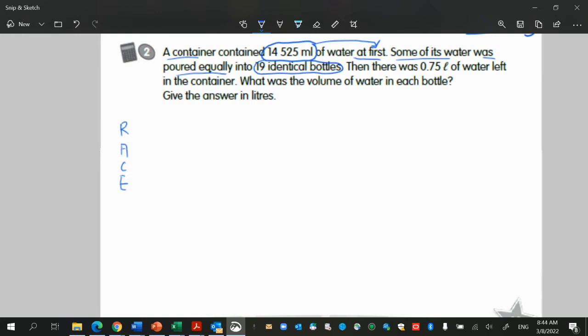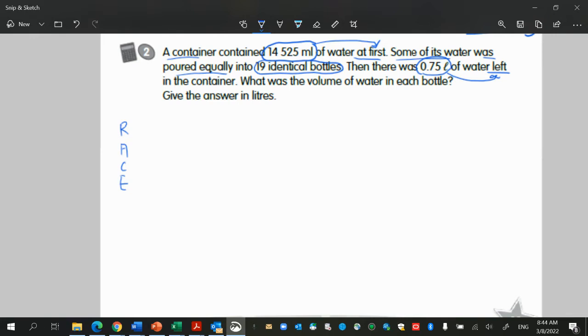You notice that I usually circle the number together with its units. So I have 14,525 milliliters, and then I have 19 bottles, and then the last number that I see here is 0.75 liters of water left in the container.